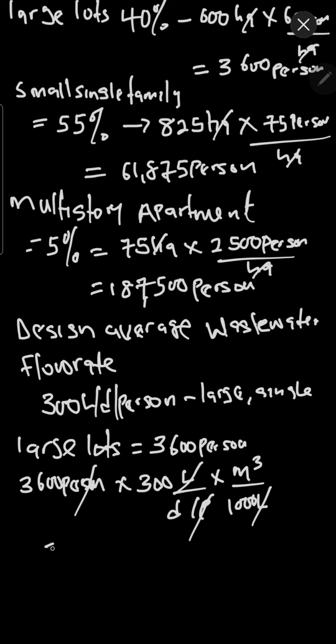So the flow rate is 3,600 times 300 divided by 1,000, and that is 1,080 cubic meters per day.